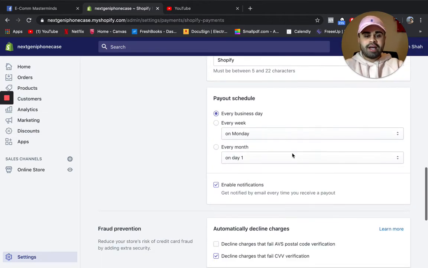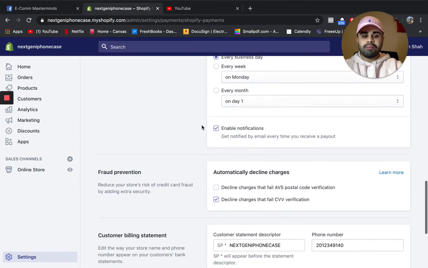Ignore that payout schedule. Every business day, you want that money as soon as possible in your business, because once that money goes to Shopify Payments or Stripe, it usually takes 2 to 4 days to get into your bank account. So you want it every business day. Same with PayPal. You can do an instant transfer, paying a percentage of the money you're putting into your account, or you can wait 1 to 3 business days.